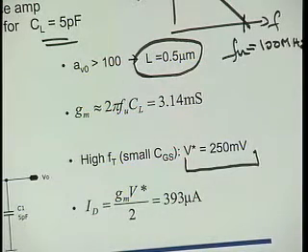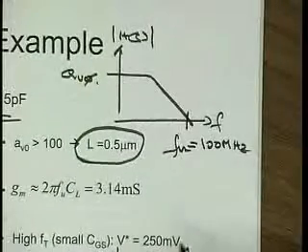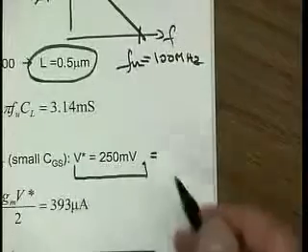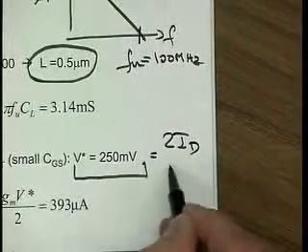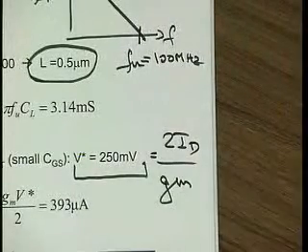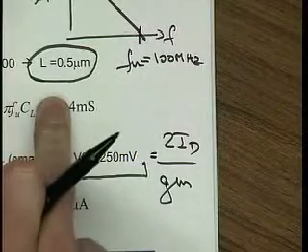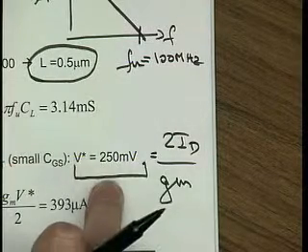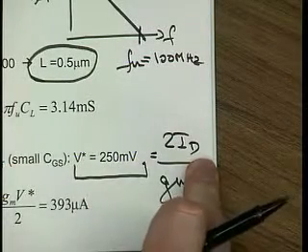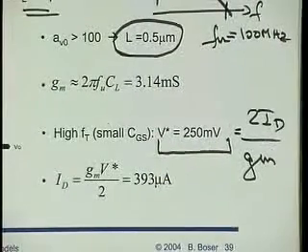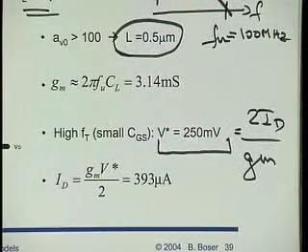Okay, this thing here, V star, is equal to 2ID over GM, right? I know what GM is. I know what V star is. I can know what ID is. That's what I do on this line here. Apparently, I need 400 microamps to do that. Okay, fine, great.